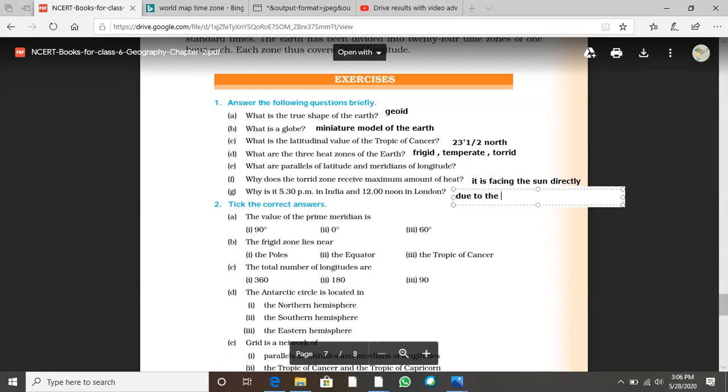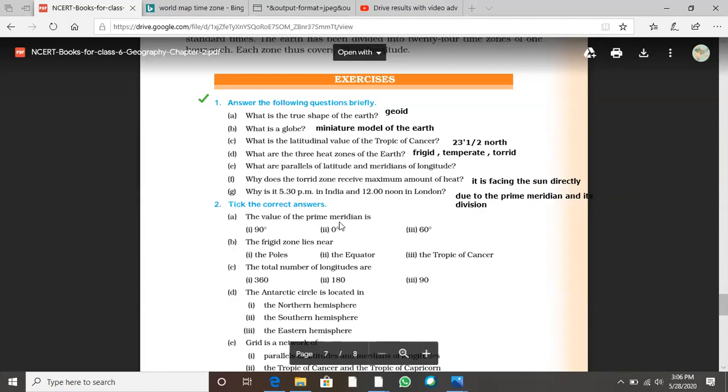The prime meridian and its division. Okay, explain the whole thing. So this much is clear. Take the correct answers.